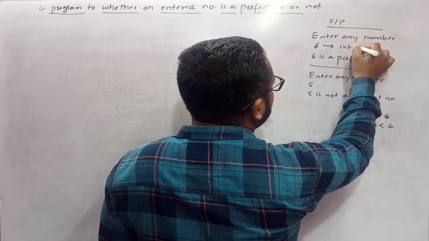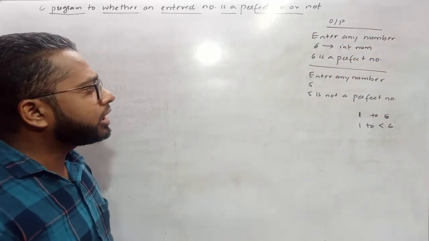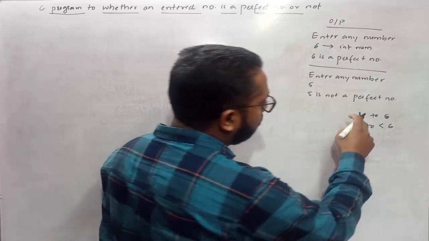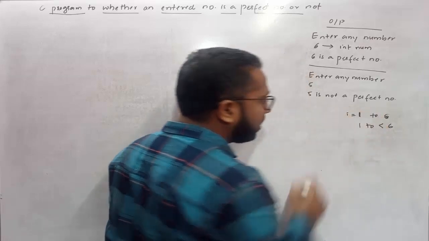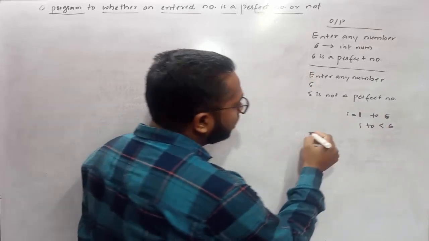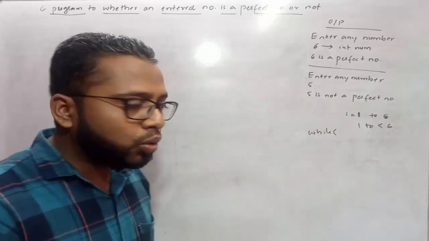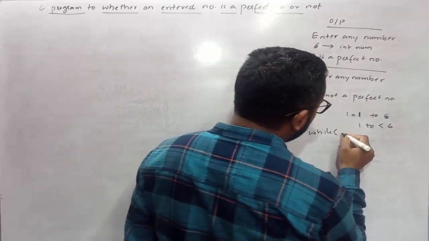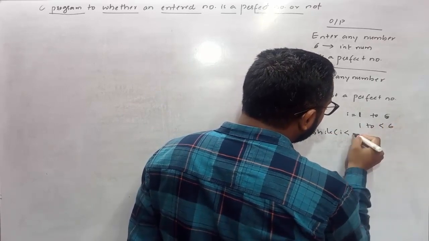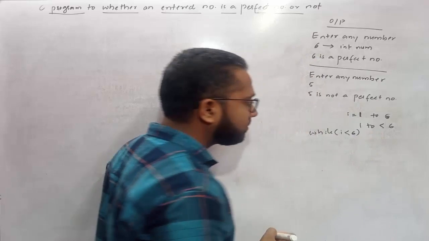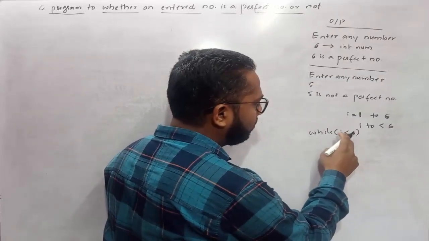Let us say int num. I need to start checking from 1, so I will set the value of i equal to 1. Next I will use a while loop, running from i until the i value becomes less than 6. Initially the i value will be 1. I will check: 1 is less than 6.